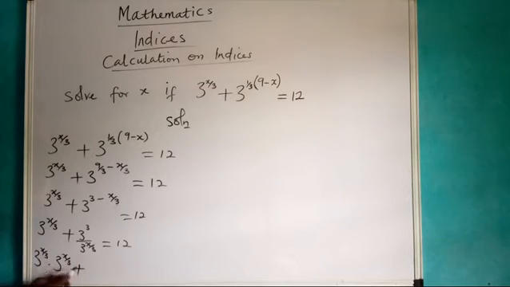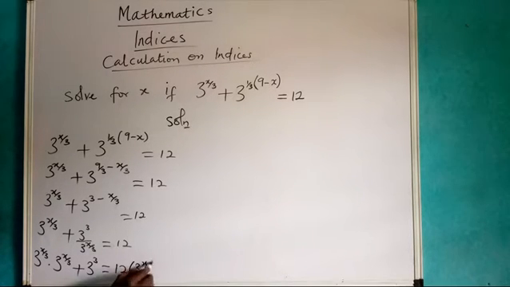And when I multiply this one, remember, I'm multiplying all through by this. Therefore, I'm going to have 3 power 3 left for this part. I will also do the same thing to the 12: I will have 12 times 3 power s over 3 in brackets.